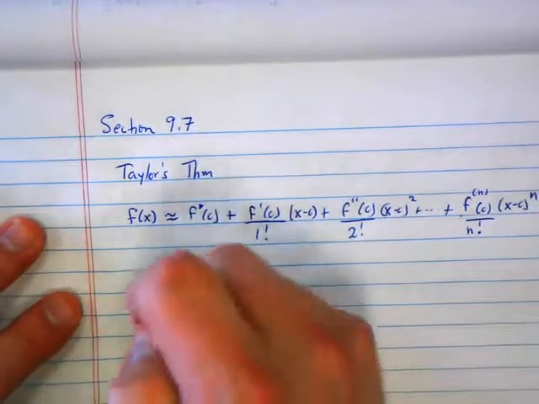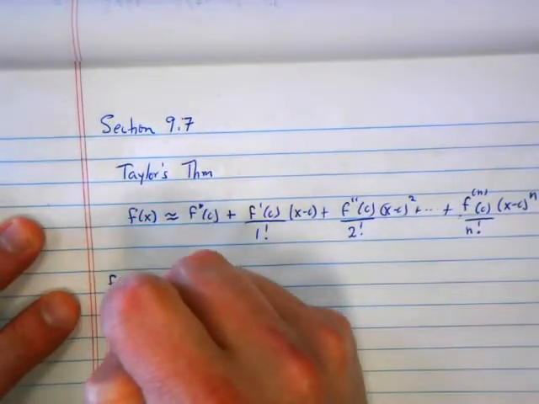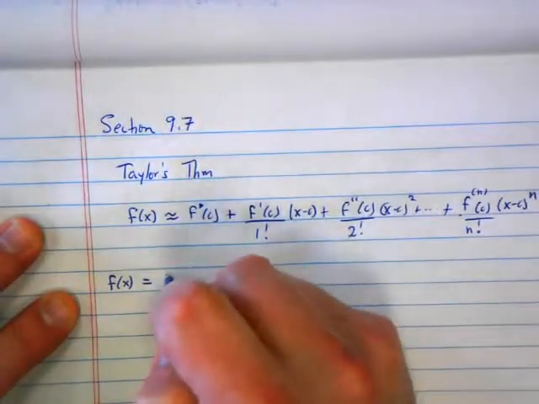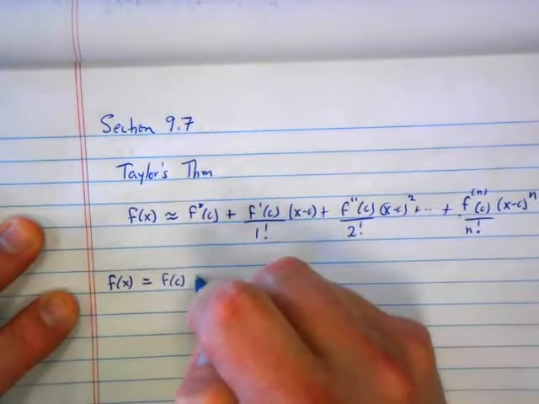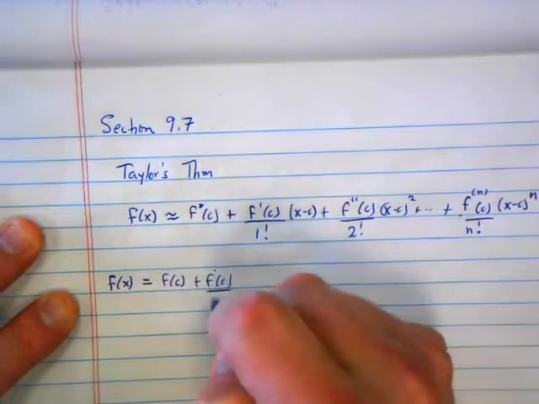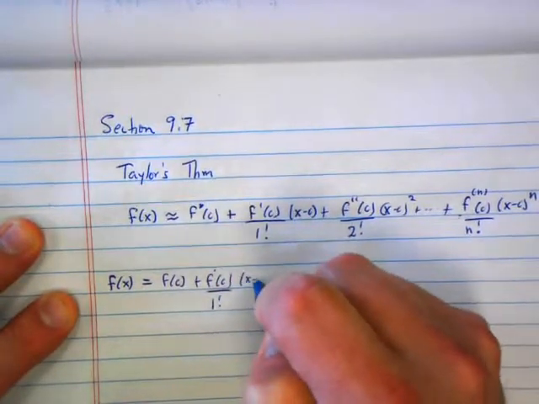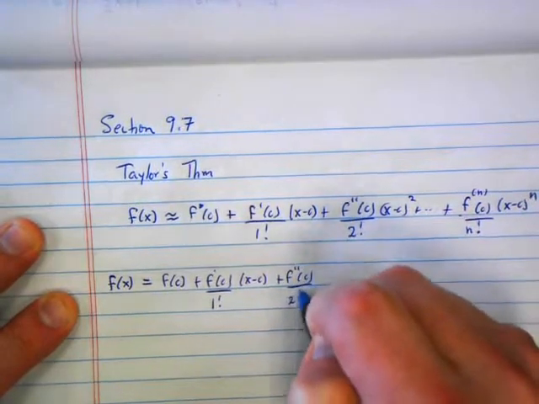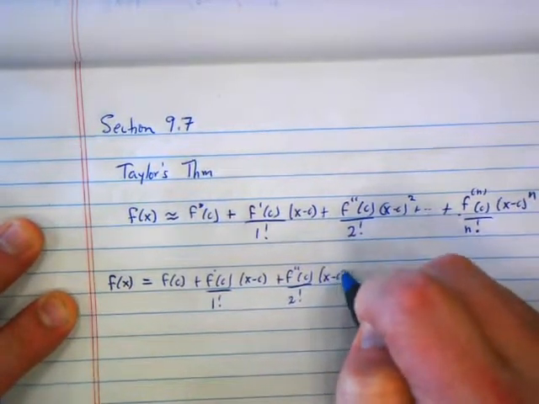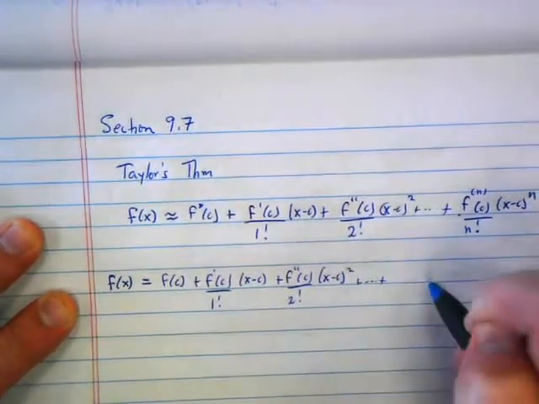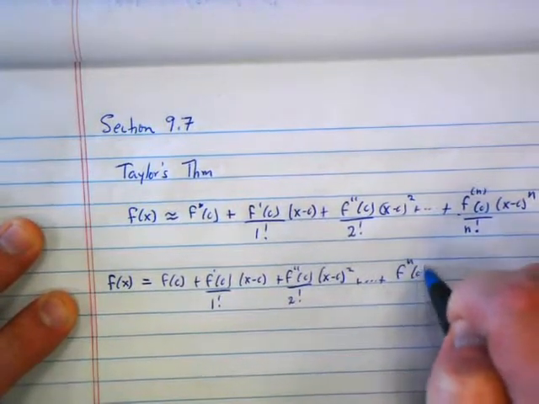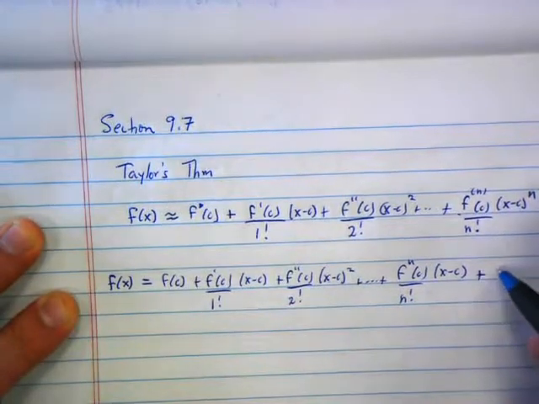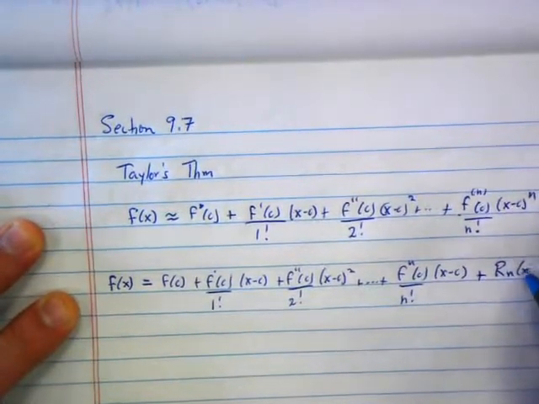Taylor's theorem says f of x is exactly equal to the Taylor polynomial, f at c, plus f prime at c over 1 factorial times x minus c, plus f double prime at c over 2 factorial x minus c squared, plus the nth term, plus what's known as the nth remainder.